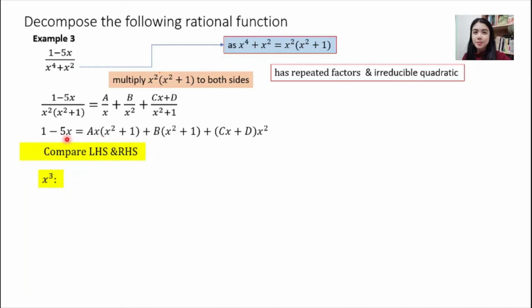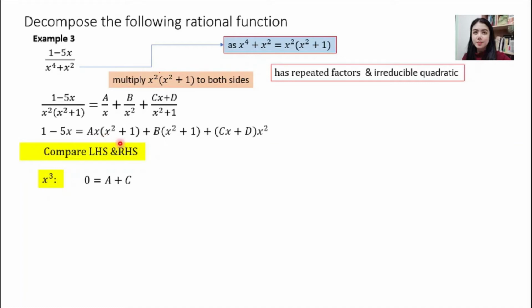For the left hand side, we do not have x power of 3, then we have 0. So it means that for the left hand side, you have 0 for x power of 3. How about the right hand side? For the right hand side, we have a plus b, a plus c. Let's see what happens if we expand this. Just check for x power of 3 only.